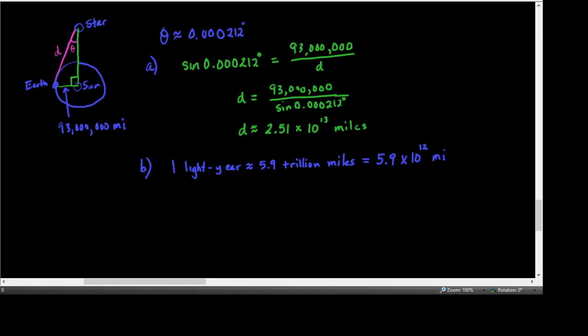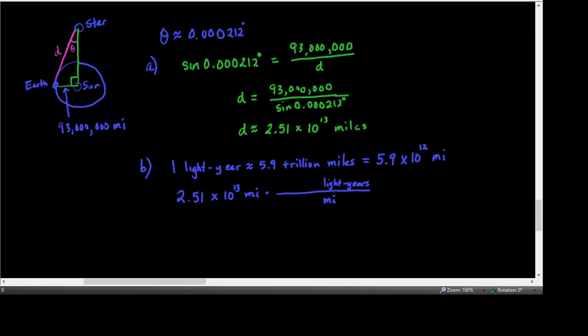So what we want to do is we want to take our distance d, which is still in the calculator, which is in miles, and I'm going to multiply it by 1 in the form of something that has miles in the denominator so that they cancel, and has light years in the numerator to become the new unit of my answer.